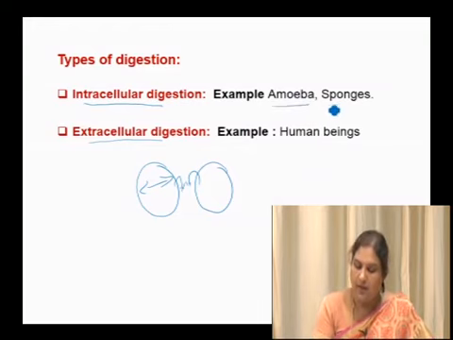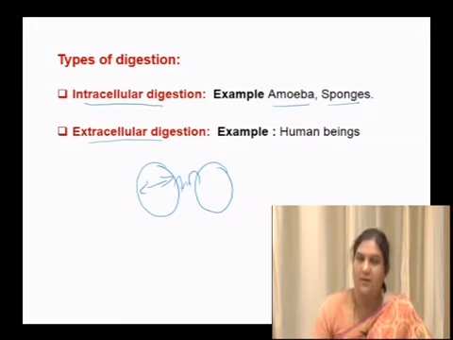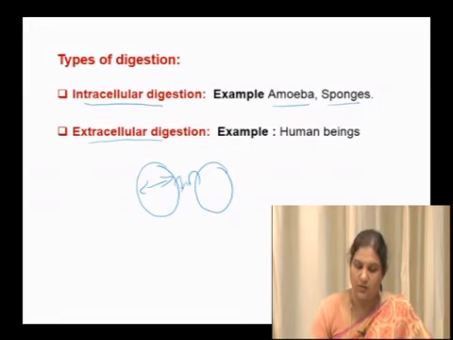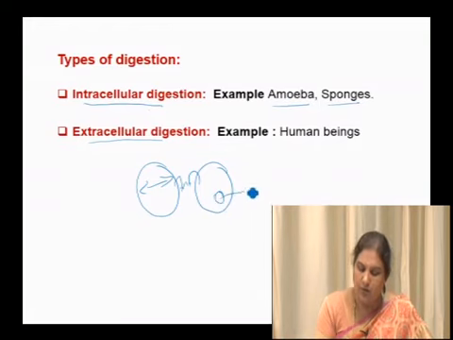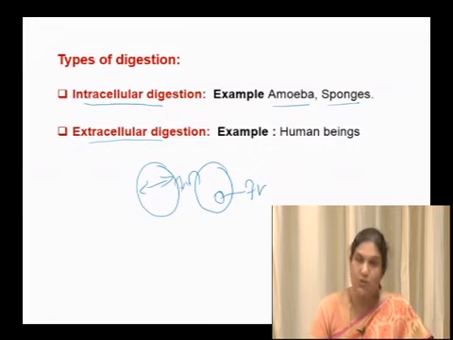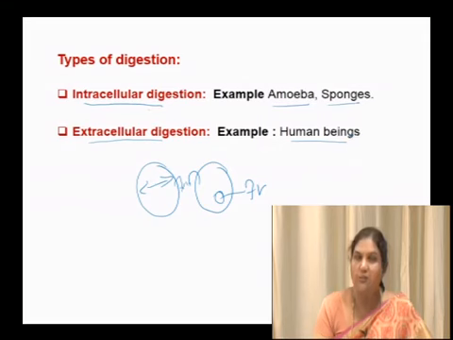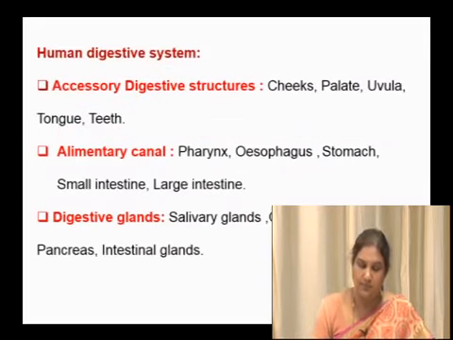Amoeba and sponges have intracellular digestion. There will be a temporary stomach called the food vacuole within which the digestion gets carried out. Amongst the human beings we find there is a wide lumen within which the digestion occurs.